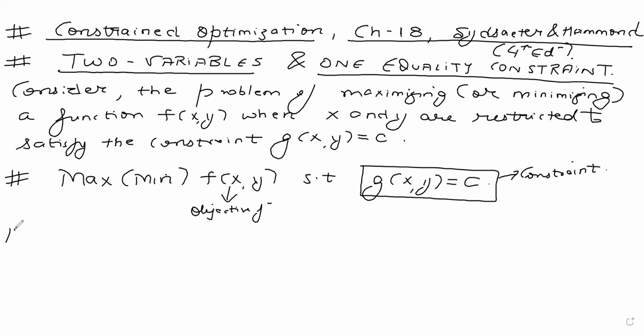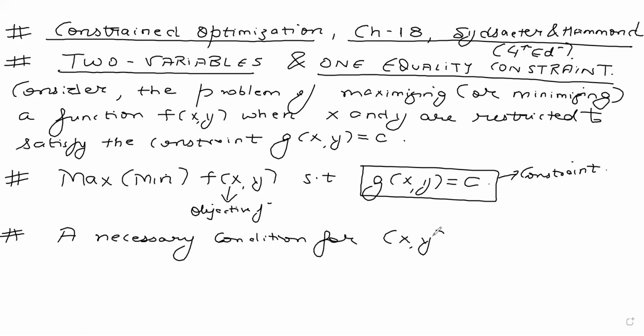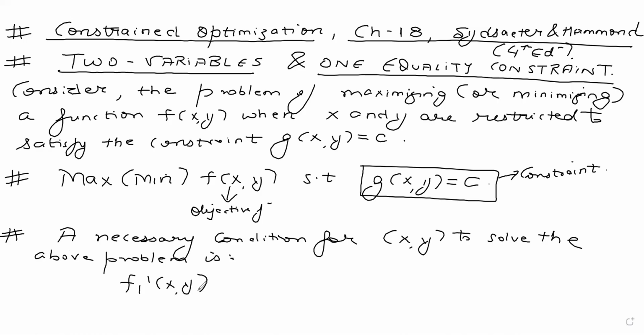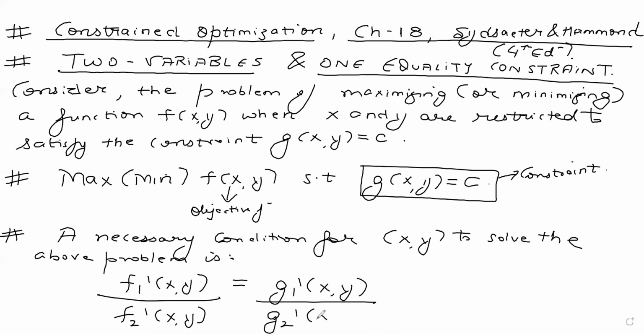Okay, so we can now write a necessary condition for the pair x, y to solve the above problem. f1 dash x, y, which is nothing but the partial derivative of the function f of x, y with respect to x, upon f2 dash x, y, which is the partial derivative of the function f with respect to y, should exactly be equal to g1 dash x, y, which is the partial derivative of the function g with respect to x, divided by g2 dash x, y, which is the partial derivative of the function g with respect to y.